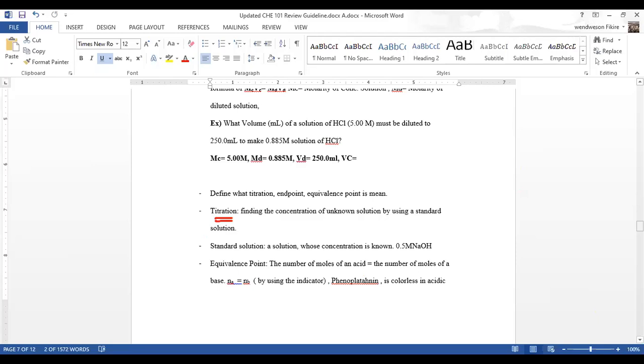So for example, I know many of you are not in my lab class, but let's say you have 2 molarity of sodium hydroxide and X molarity of hydrochloric acid. The 2 molarity sodium hydroxide is called a standard solution, because its concentration is known.